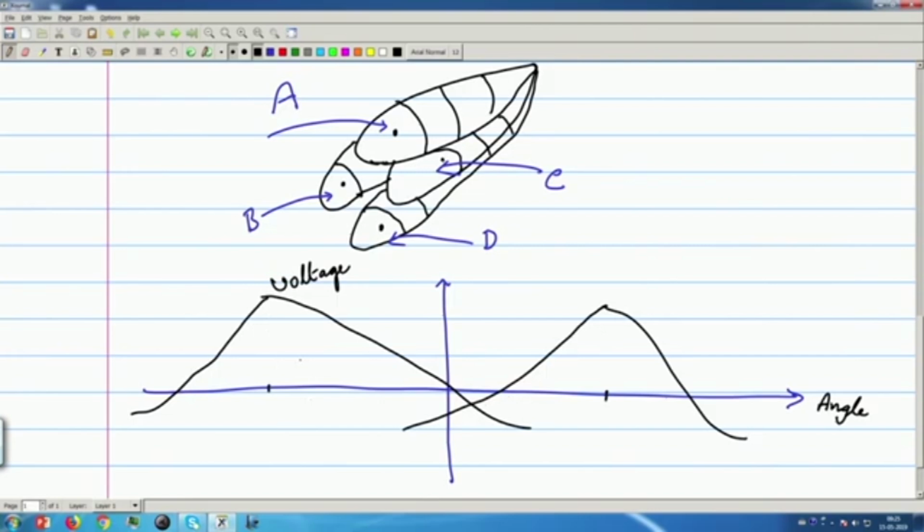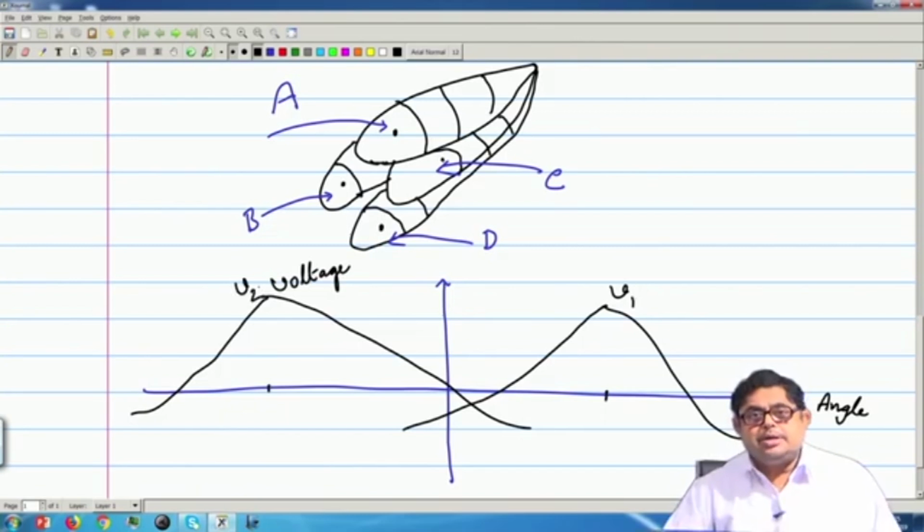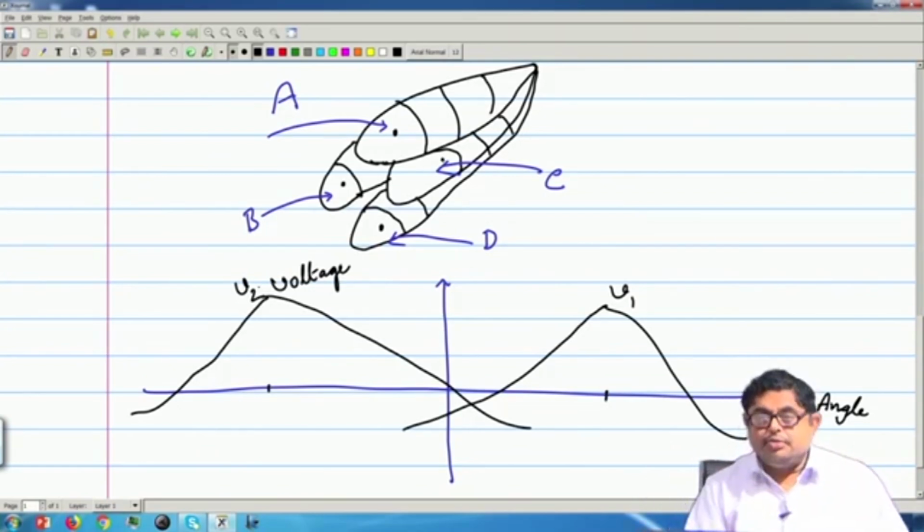From any target at any point I will get these 2 voltages, let me call this V1 and this V2. Now, I am in 2 dimensions, but I want only one, let us say either azimuth or elevation, any one angle. We saw this when we saw the necessity of the squint.